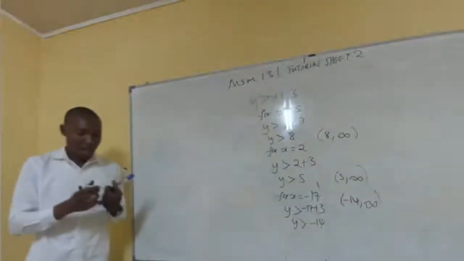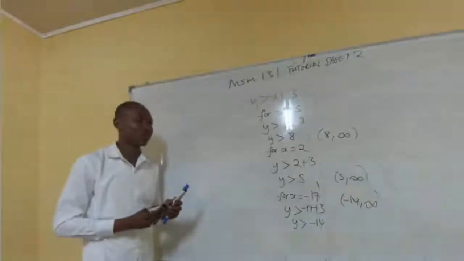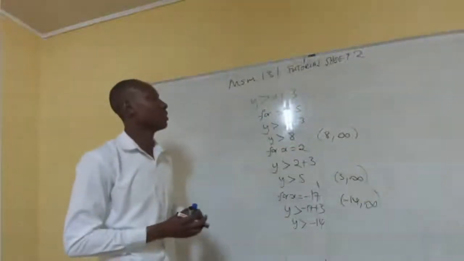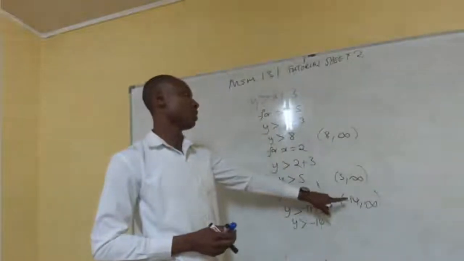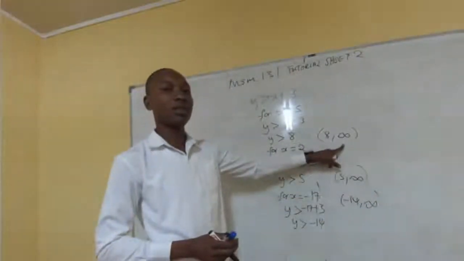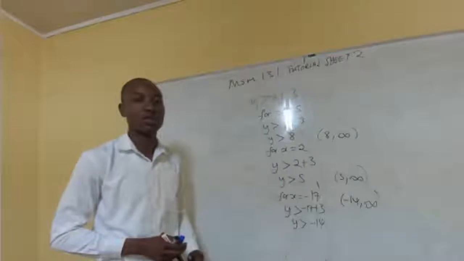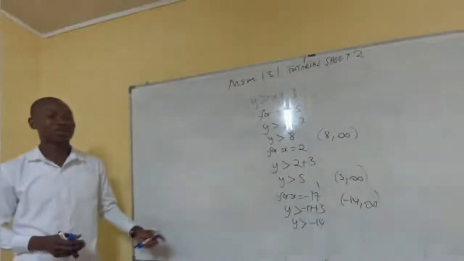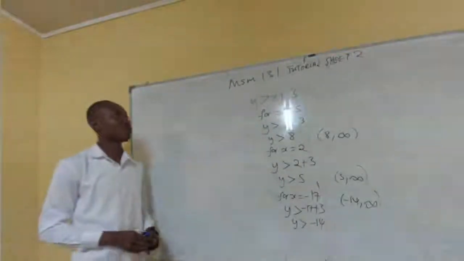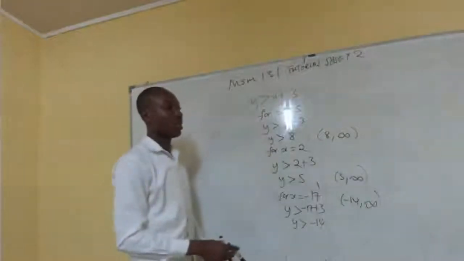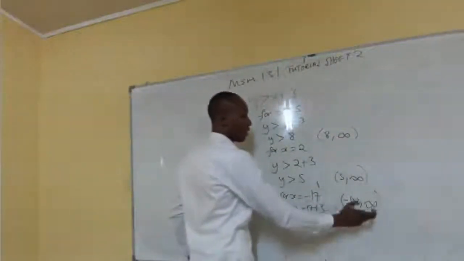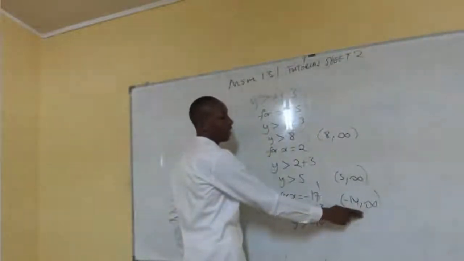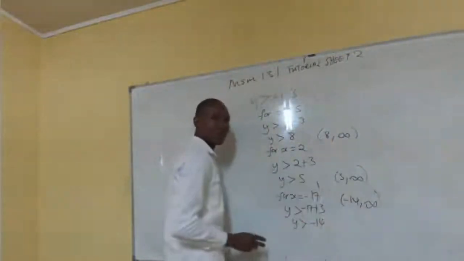Alright, so are these solutions unique? You notice that as you move from negative 14 to infinity, you meet 8 to infinity. So this is not one-to-one. I mean, this is not a function. So we're saying this relation is not what? Because this particular solution here is still mapped to this.